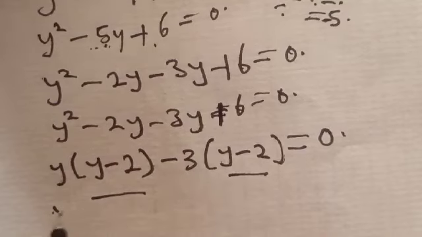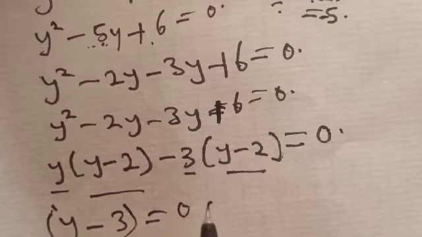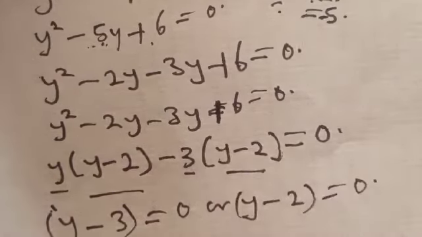They are the same thing, but this y and this can go together. We have y minus 3 equal to 0, or y minus 2 is equal to 0.